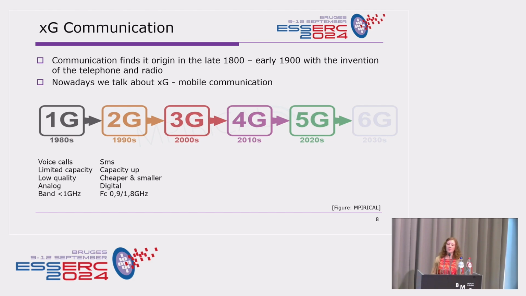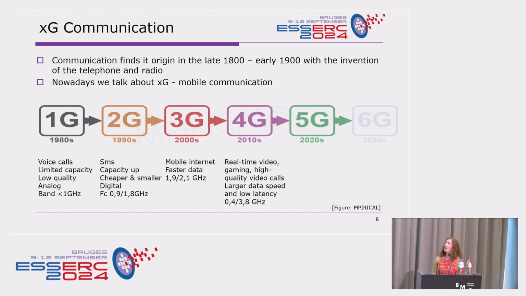Everything became a bit cheaper, and we were close to these carrier frequencies or even above 1 gigahertz. And then with the third generation, we all probably still know it. There is the mobile internet that came by, and a lot of faster data communication with frequencies around 2 gigahertz.